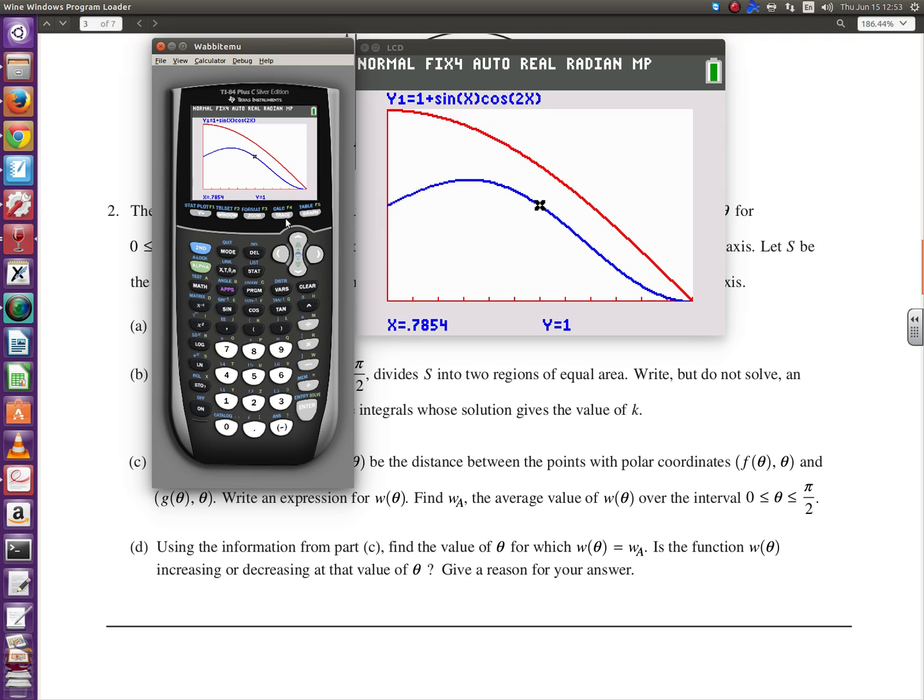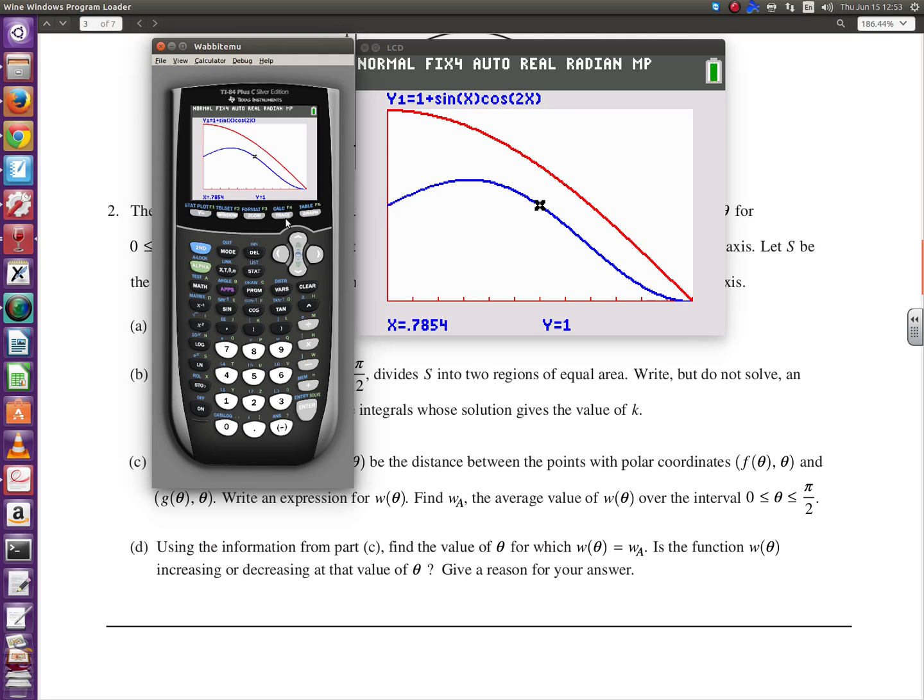Then 7 pi over 24, 8 pi over 24, which is pi over 3, or 60 degrees. 9 pi over 24 is 3 pi over 8.